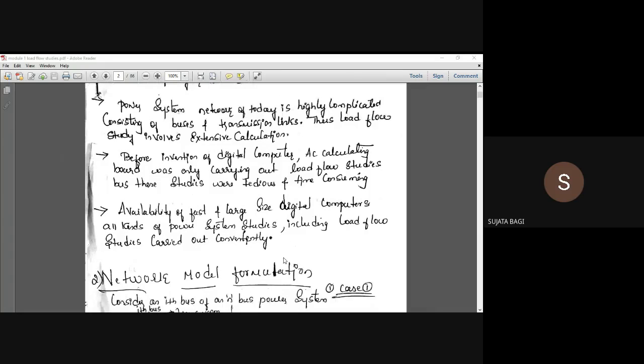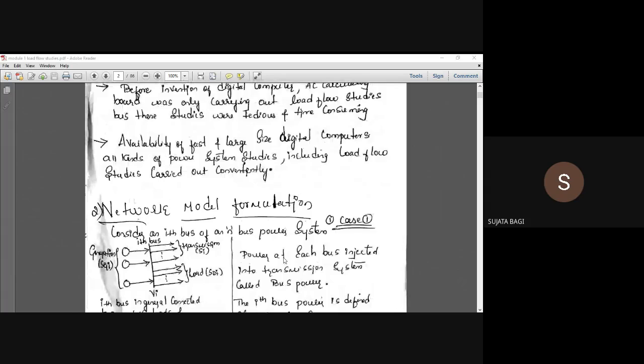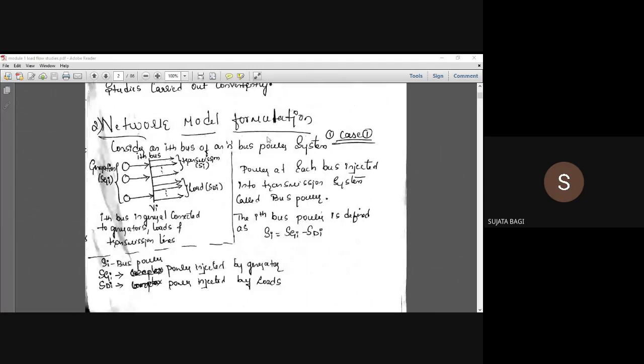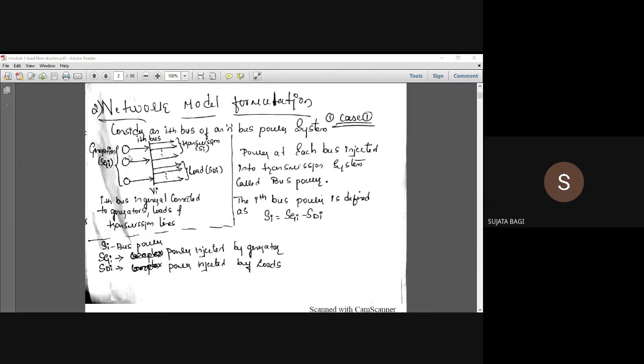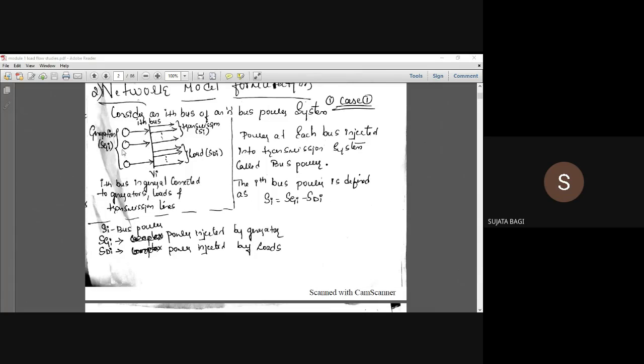So with this basics, they have given some basics regarding network model formulation. This is topic 1 of module 1, network model formulation. Just have a look. This is generation, consisting of generators connected to a bus. From this bus, power is given to so many transmission lines, as well as the load side.